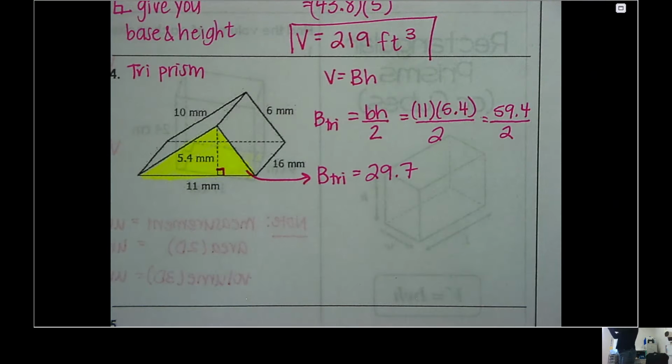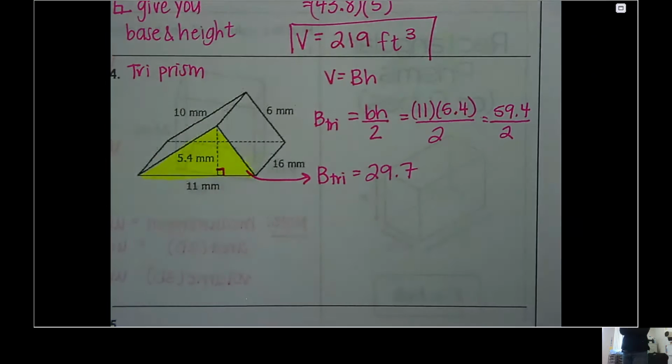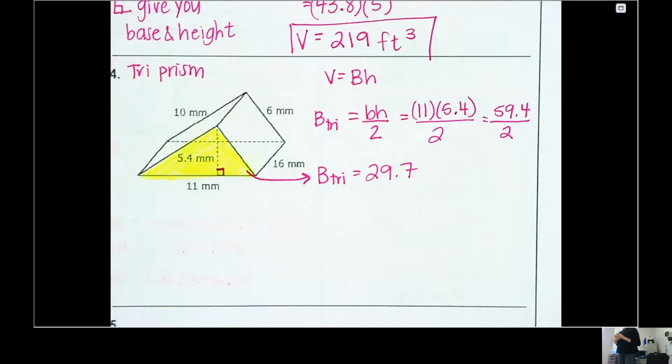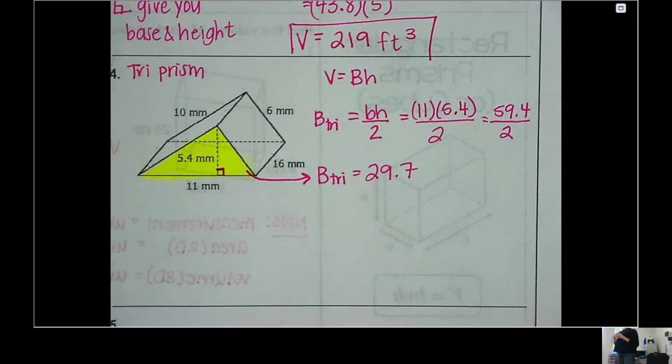In this picture, I'm just turning it on its side. The height is still the one that connects the two triangles. What number connects the two triangles? So it was up and down first. Now it's on its side, so it's the number that is horizontal. Which number is horizontal? The 16 is now horizontal. So your height is 16.